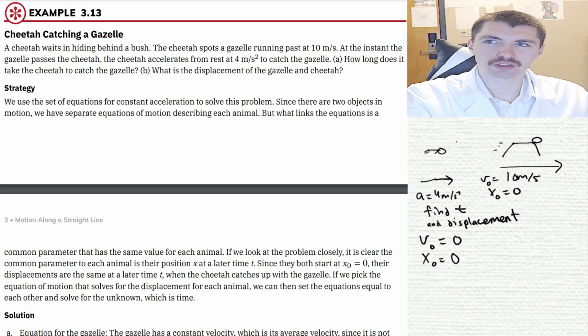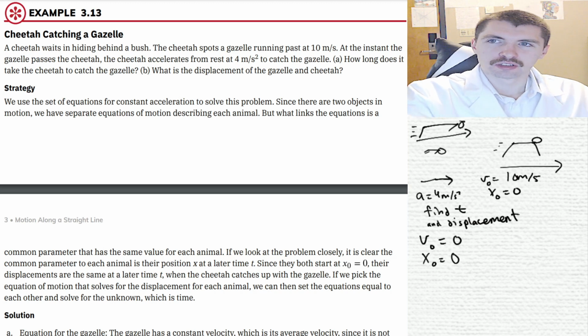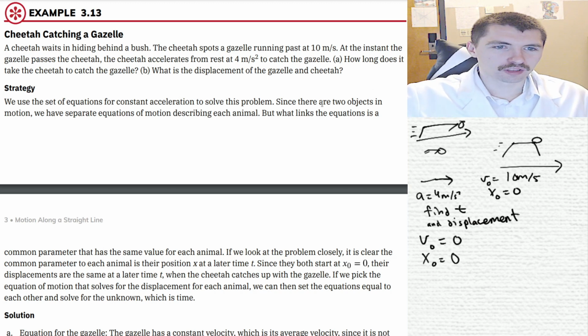So I guess really the gazelle is kind of like this, but it's moving and this is at rest. Okay.